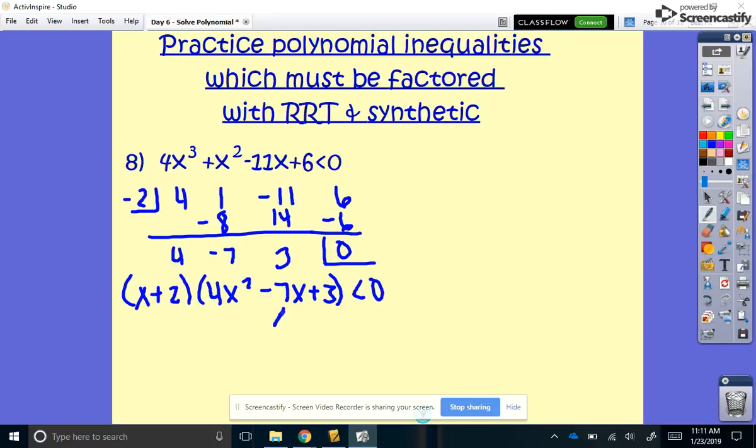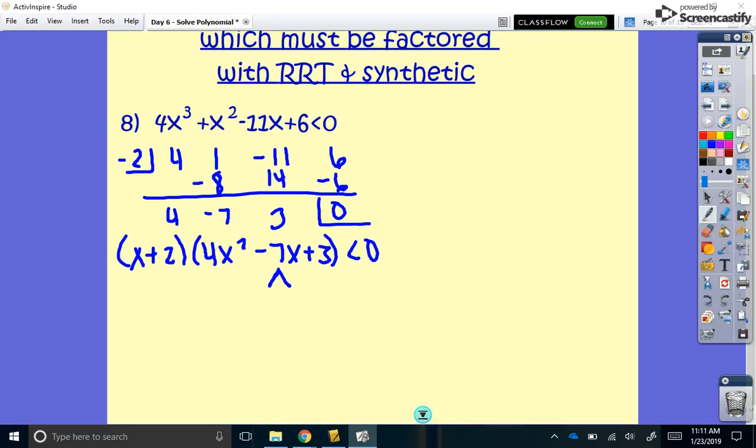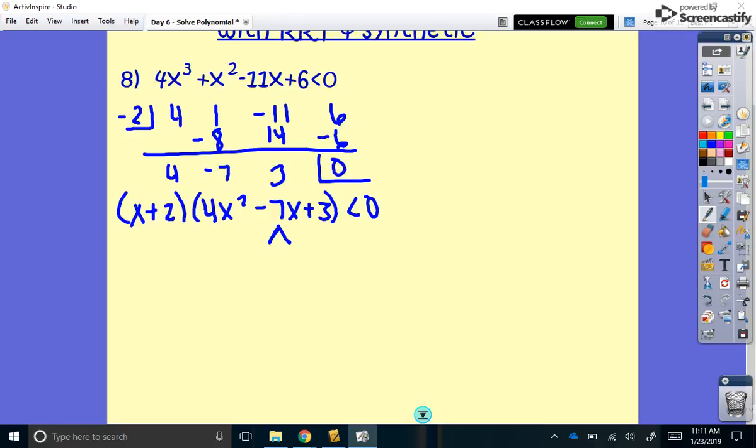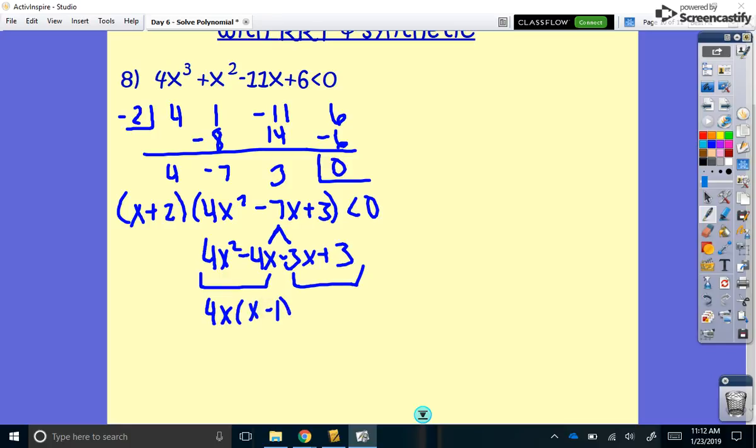So now I need to factor this using the AC method. What 2 numbers can you multiply together to get 12 and add to get negative 7? That should be negative 4 and negative 3. So this will become negative 4x minus 3x. Bring down the 4x squared and the plus 3. Here I can take out a 4x and I have x minus 1.